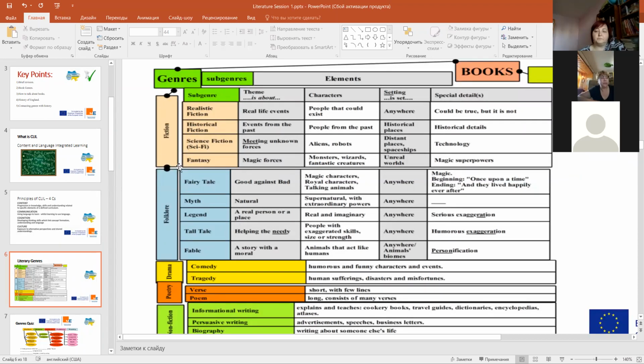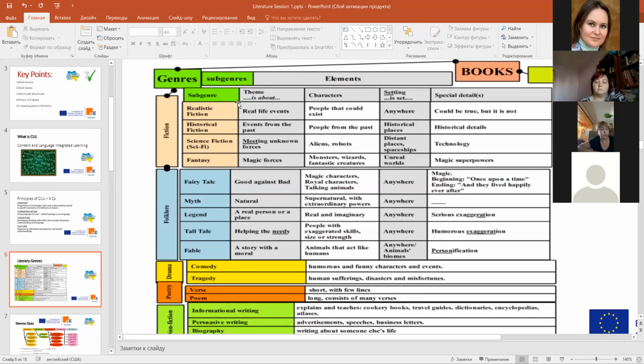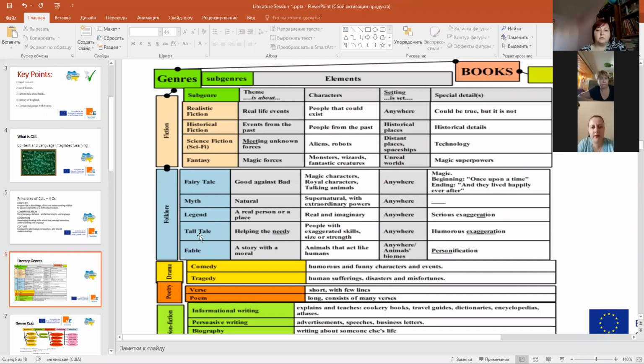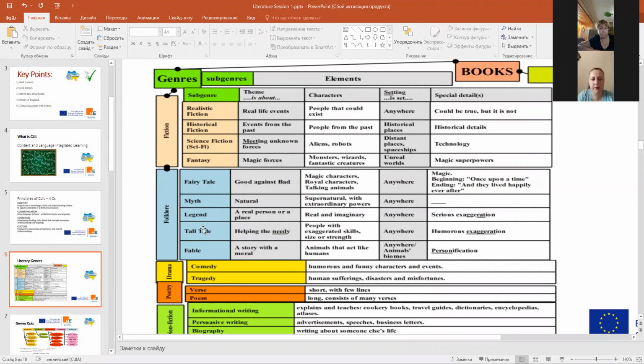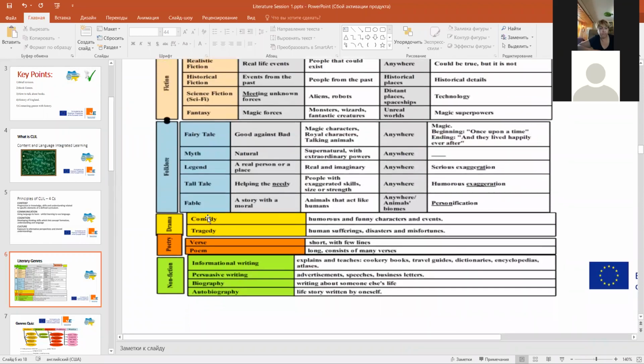So there is fiction, and fiction is divided into realistic fiction, historical fiction, science fiction, and fantasy. Then, Tanya, there is folklore, and folklore is divided into fairy tale, myth, legend, tall tale, and fable. So these are the main folklore subgenres.